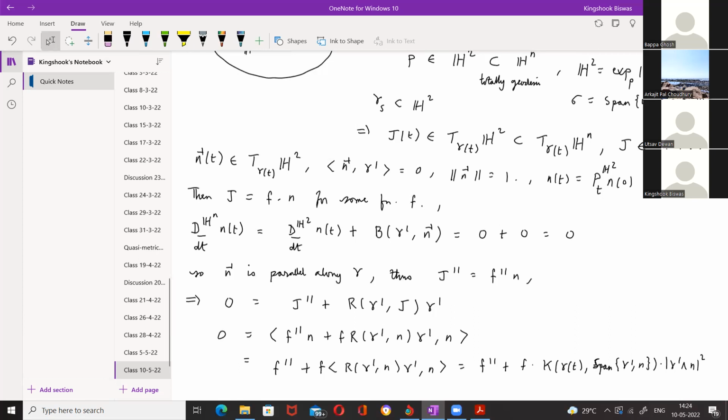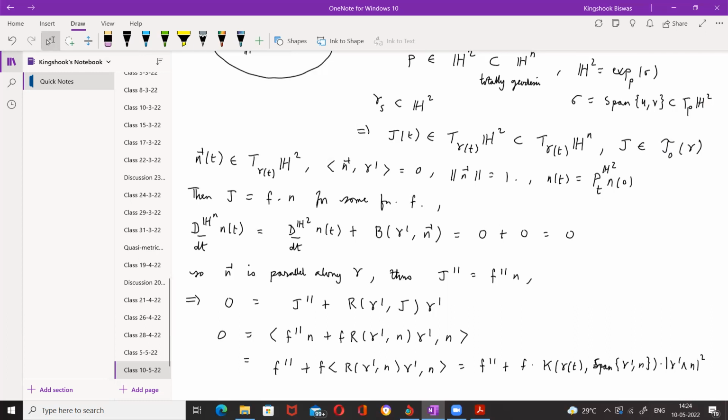Gamma prime and N are perpendicular unit vectors, so gamma prime wedge N squared is just 1, and this is -1. So this becomes f double prime minus f. Therefore f satisfies the differential equation f double prime minus f equal to 0.